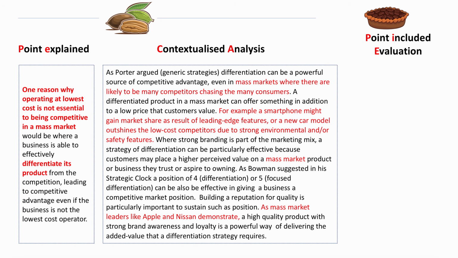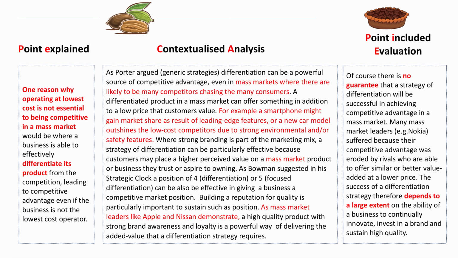But to finish it off, of course, this question has some evaluation required. We're asked, is it essential? We just need to show some evaluation at the end of the paragraph. And I'm using the classic evaluation approach, which is to say, of course, there's no guarantee this will always happen. In what circumstances might it not be the case?